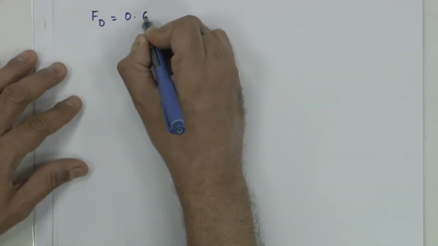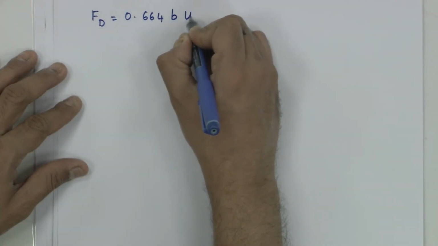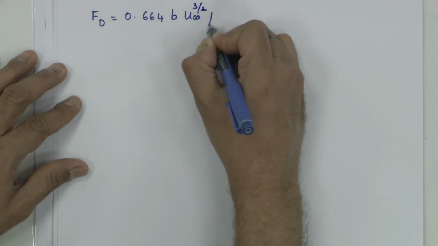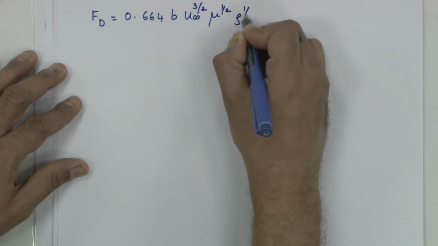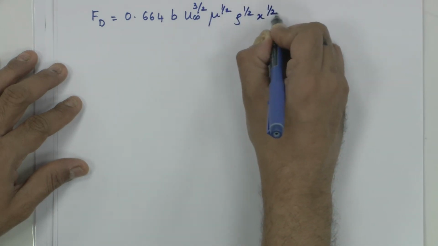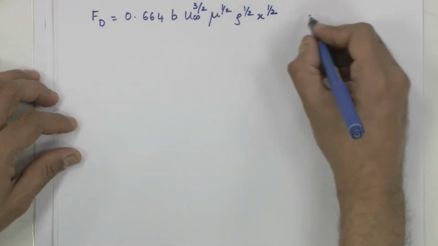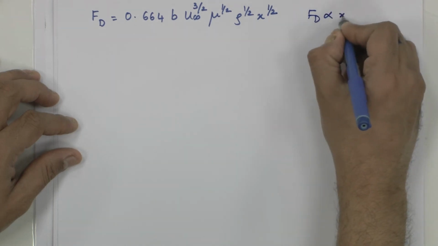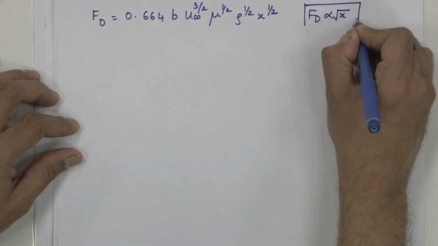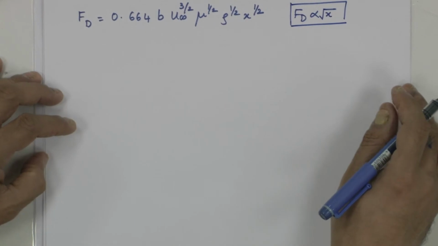Therefore, you would get drag force is nothing but 0.664 b u infinity raised to 3 by 2 mu to the power half rho to the power half x to the power half, because of the integration. So, drag force is proportional to root x. This is if you take only one surface.